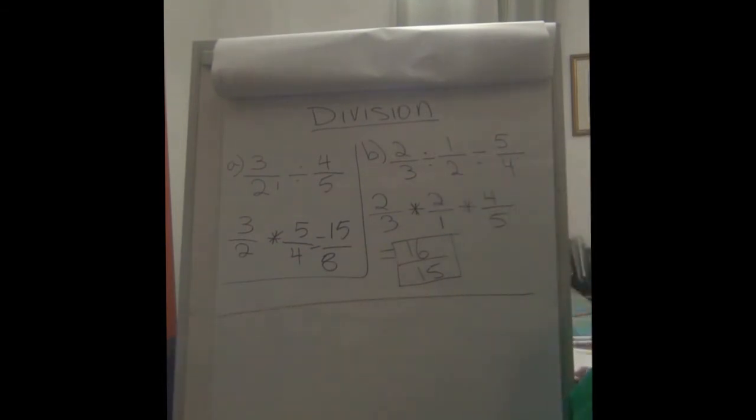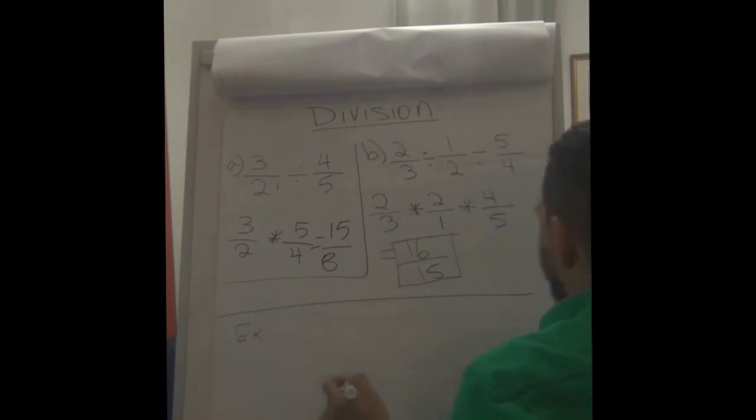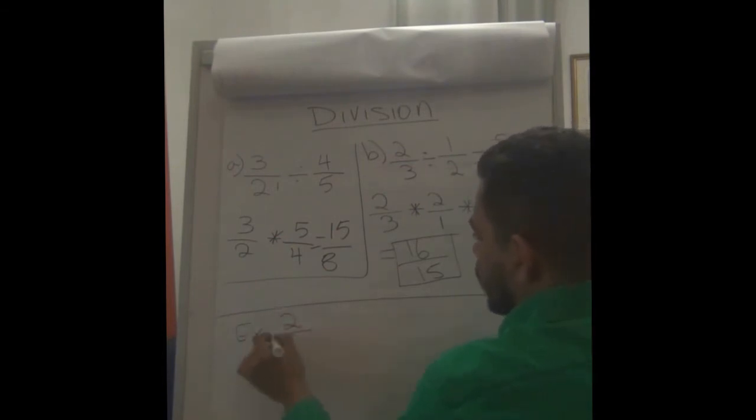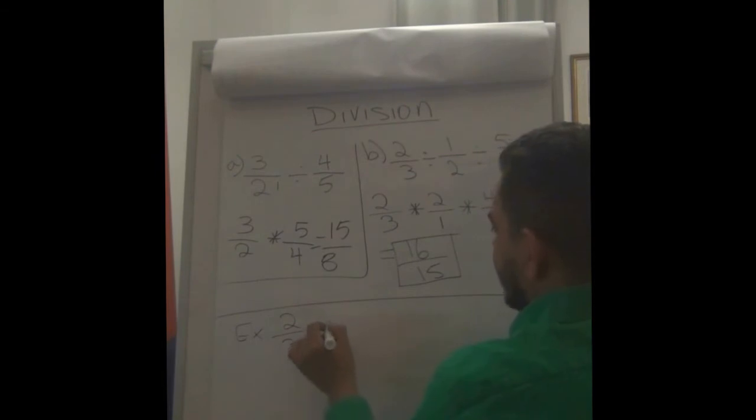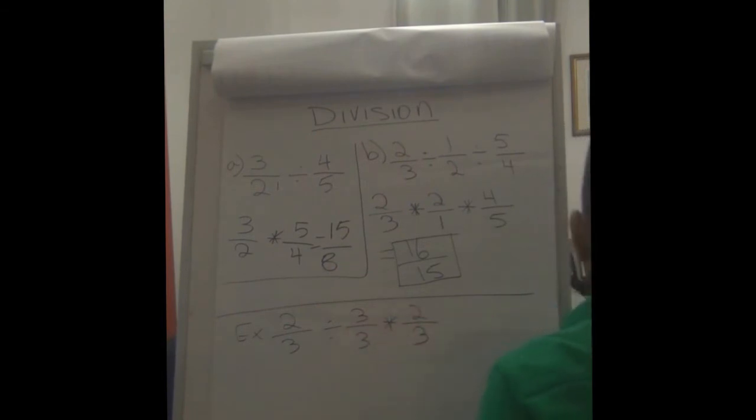Let's do another problem. Let's have this example. Let's say you have 2 over 3 divided by 3 over 3 multiplied by 2 over 3. Okay? So let's see how we tackle this problem.